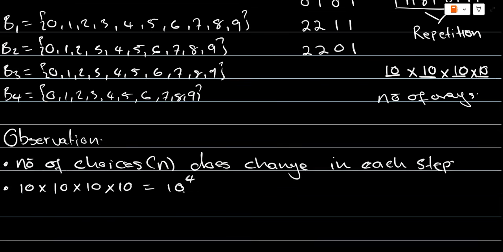That is 10 to the power 4, which in general can be written as n, where n is the number of choices, to the power r, where r is the number of times we choose from the options that we have. So in this case, we had n as 10, and the number of times we choose from these options was 4 times, because we had to choose 4 digits.